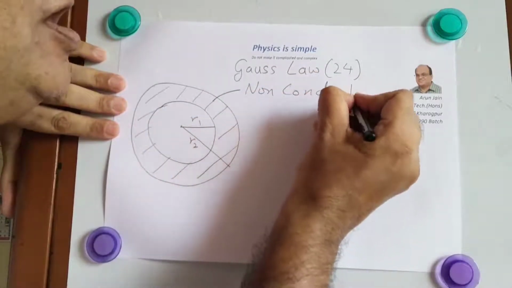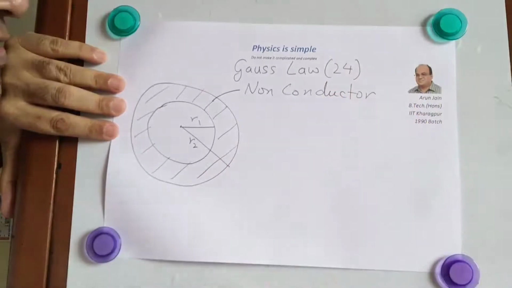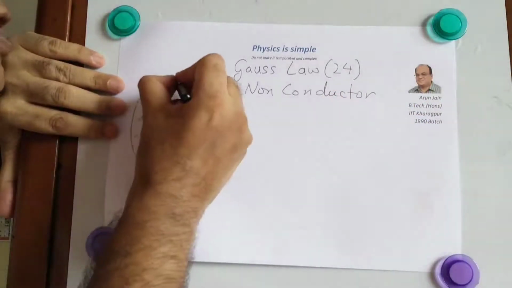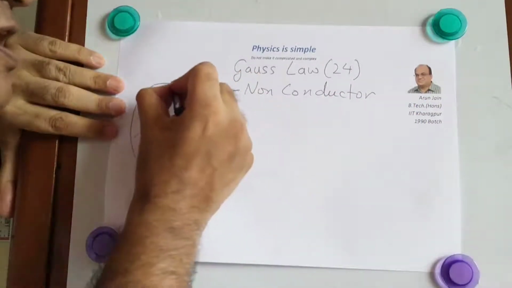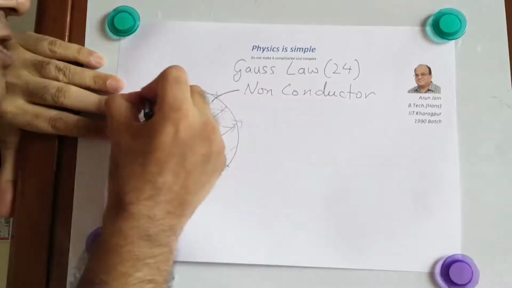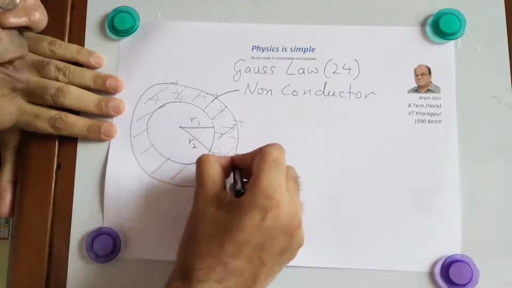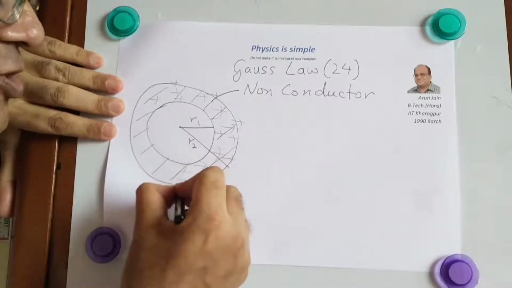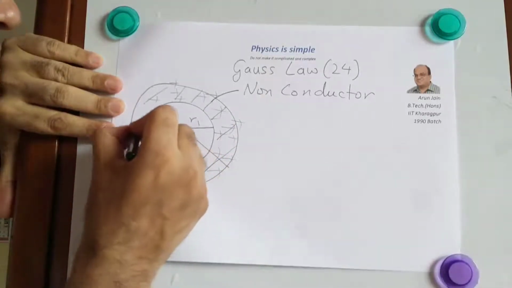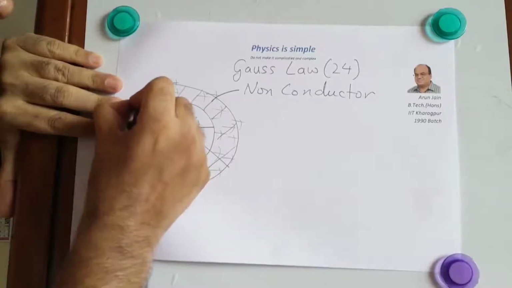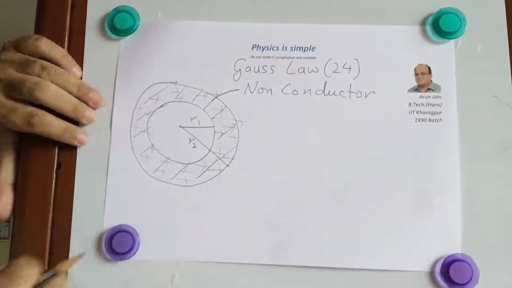Charge will not just reside on the outer surface, we can put it anywhere, so charge is uniformly distributed everywhere. So this charge is there everywhere on this, and it is uniformly distributed, say plus charge over the material of this hollow spherical non-conductor.